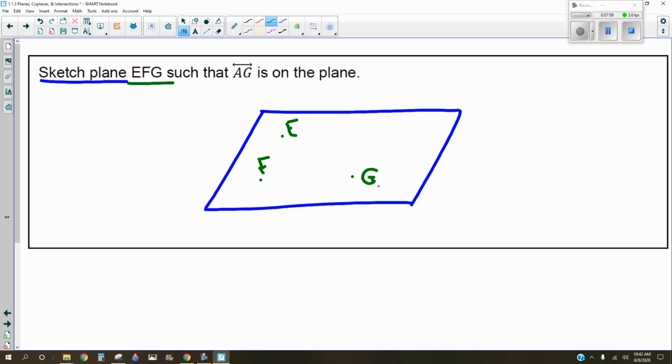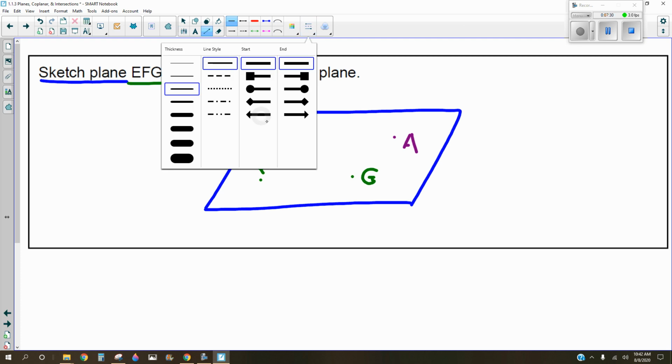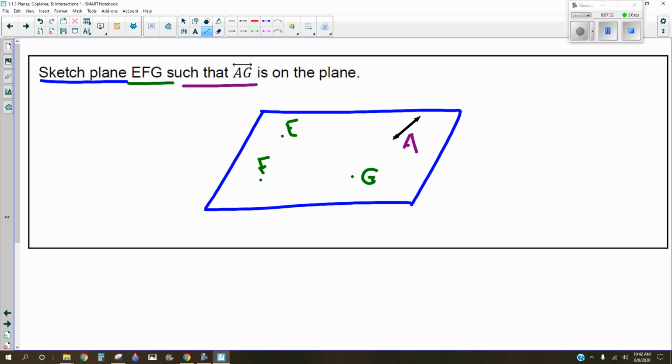Now, as one more problem, it says line AG is on the plane. Well, I don't have a point A, so let's go ahead and add a point A because I need it to make the line. And then I have to draw a line that goes through A and G. There's line AG.